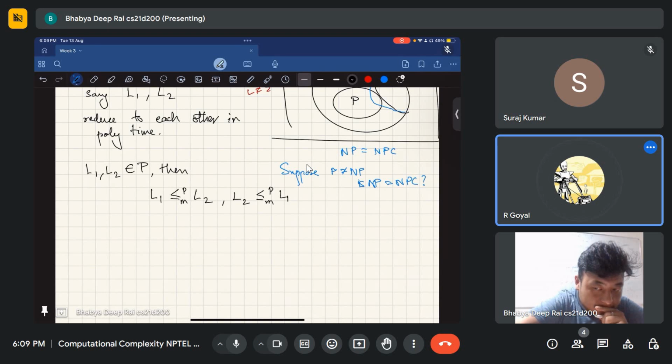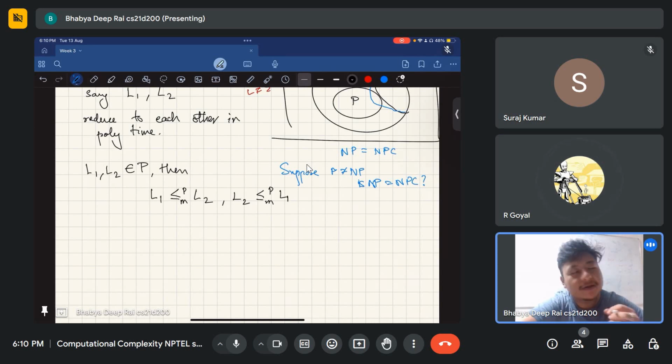Since both can be solved in polynomial time, clearly there exists a transformation function which can convert every instance of a problem into an instance of that problem. But can you specifically tell why I am able to transform it?